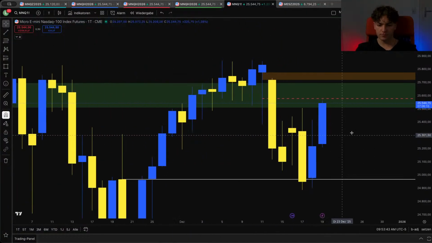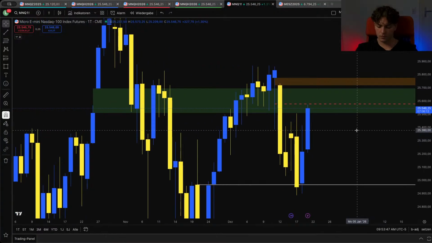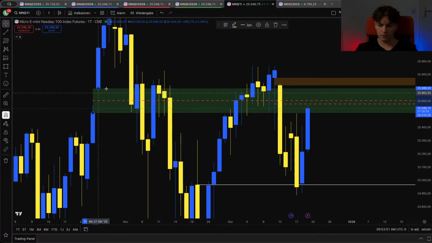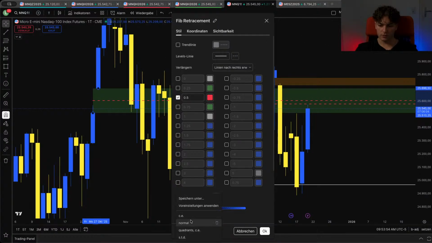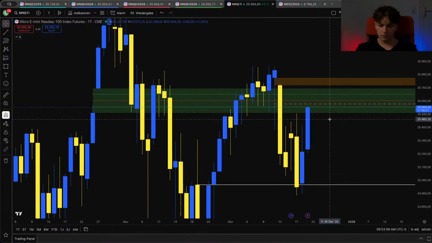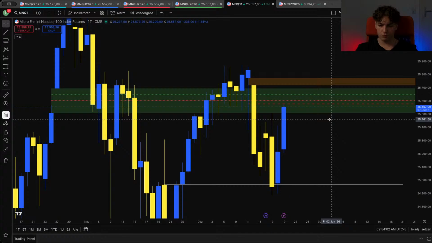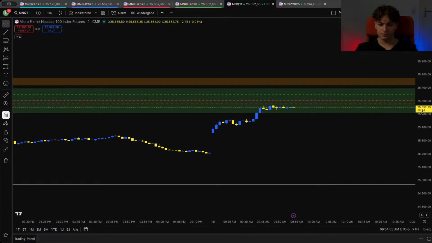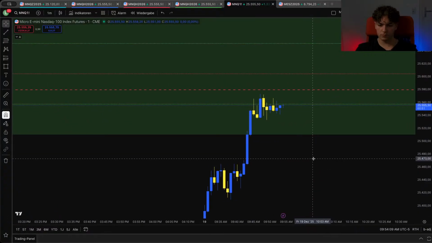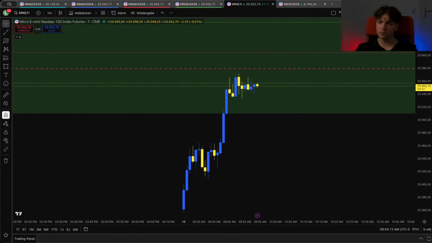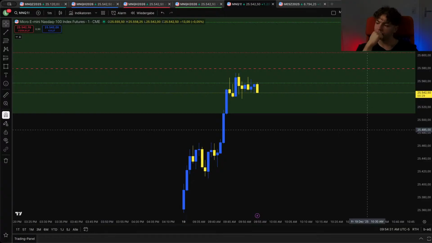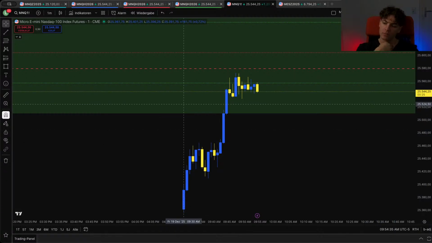Let's go back to the daily. And let's see how price is using these weekly volume imbalance quadrant levels.